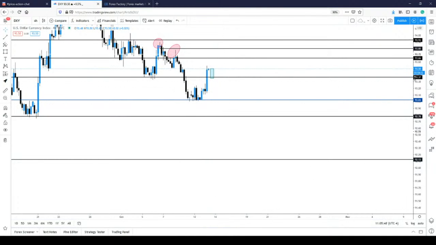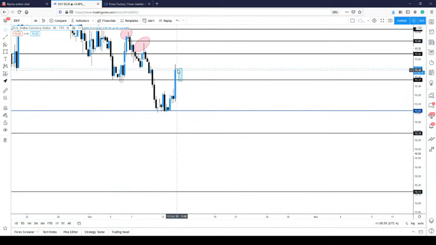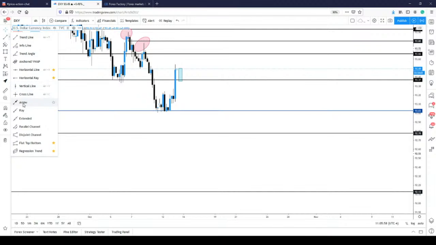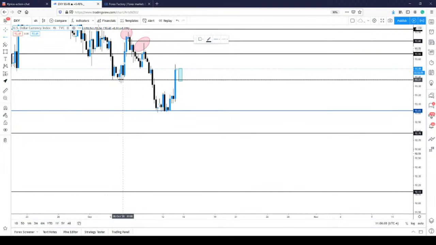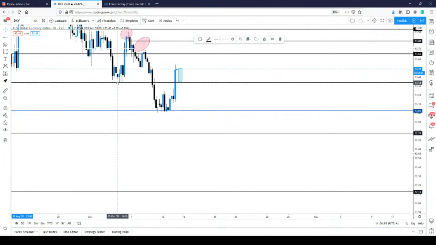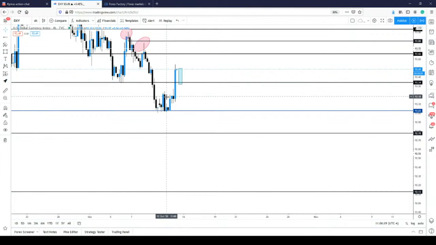The thought process here is that if we do print a down candle or a bearish candle, and it is going to close below this low, right? You can see last week's low is right here. I should just adjust this. If this candle or any candle really can close below 93.34, then that confirms that this was just a retracement and we're set to go lower.